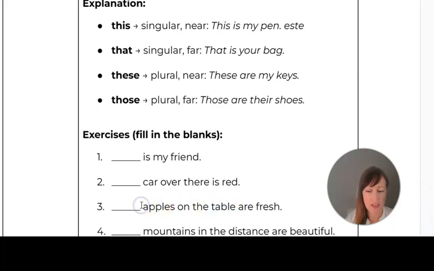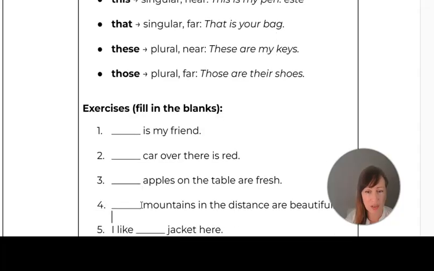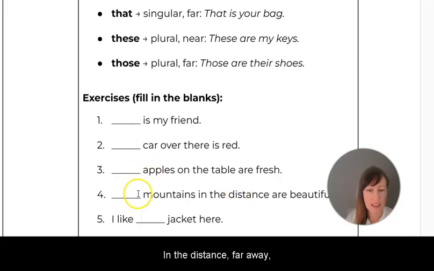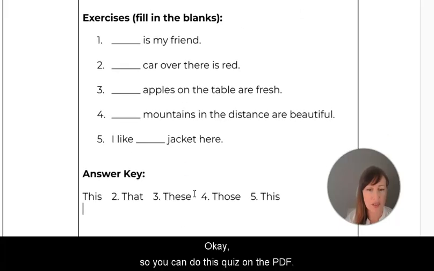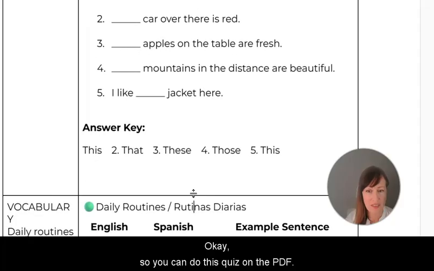These apples on the table if the table is close. In the distance, far away, those mountains. Okay, so you can do this quiz on the PDF.